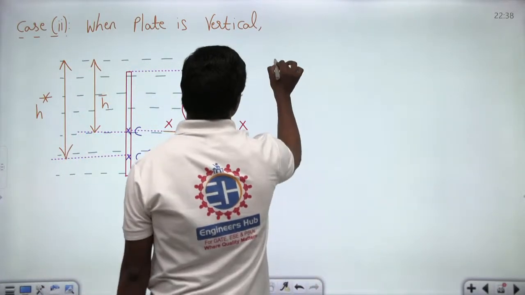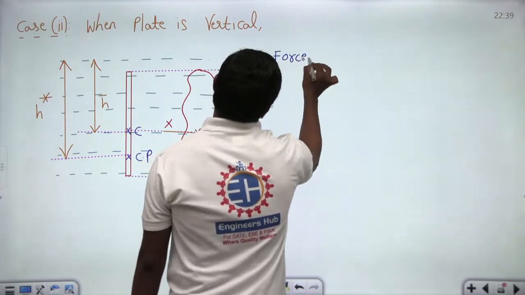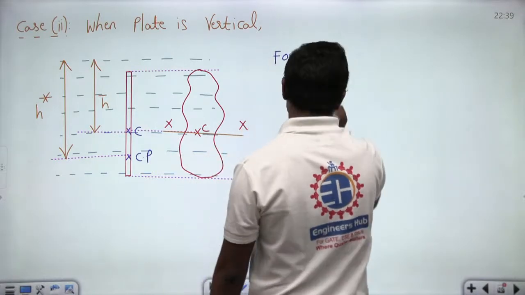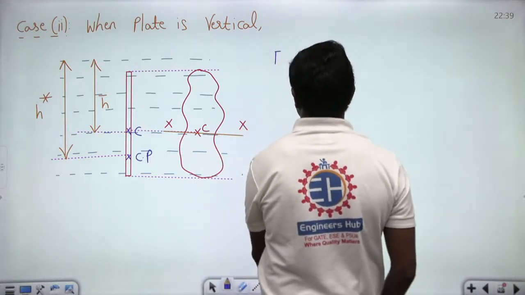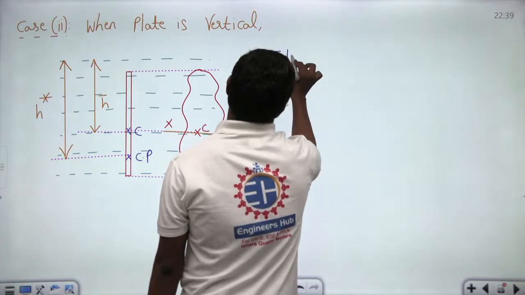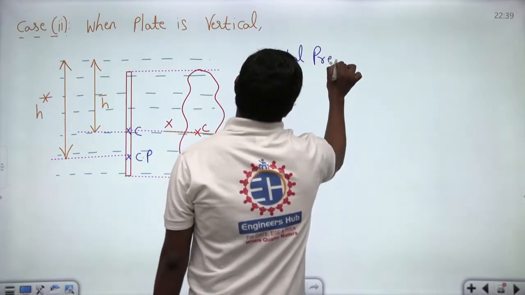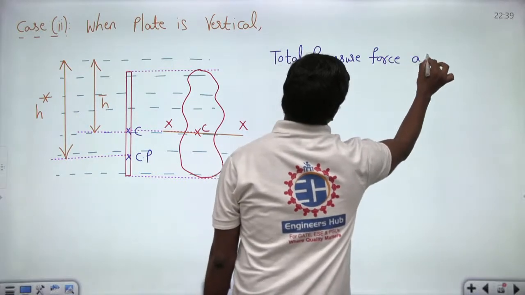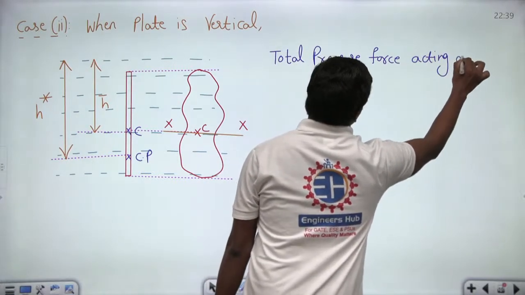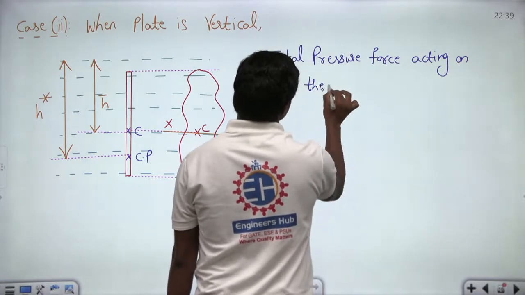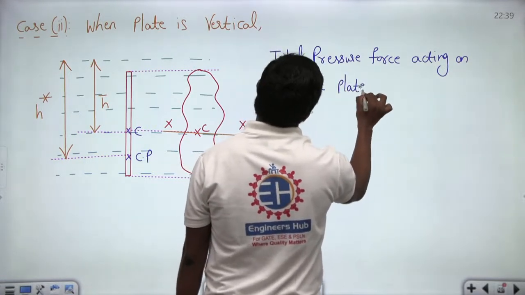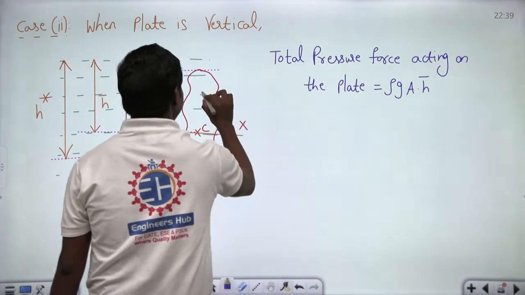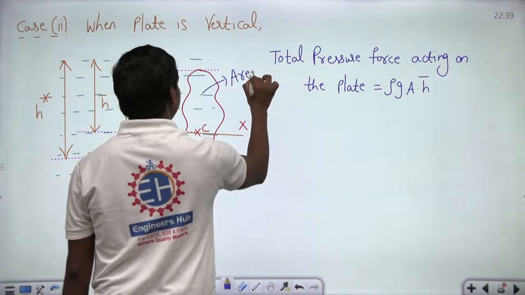So, the force on this plate, the total pressure force acting on the plate, is equal to rho g A times h bar, where of course this area is A, which we generally denote.